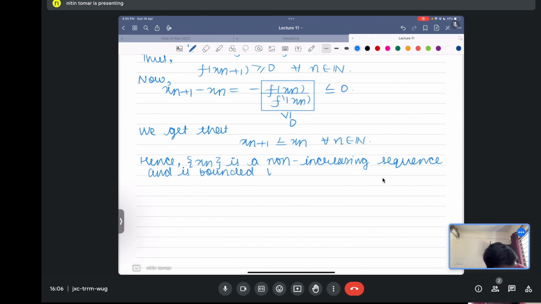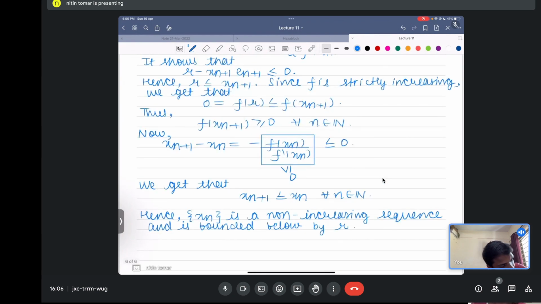And it is bounded below by R. You see, this is the bounded part and this is the non-increasing part.